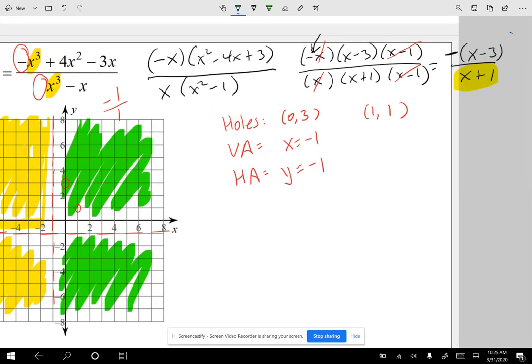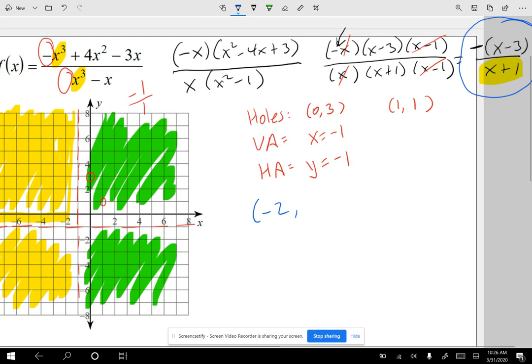And I'm going to be using this equation right here. So I'm choosing x equals negative 2. Remember, I chose something to the left of my asymptote, negative 2. So my equation is negative x minus 3 over x plus 1.